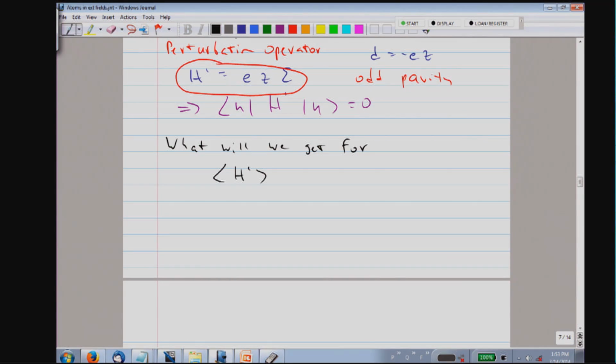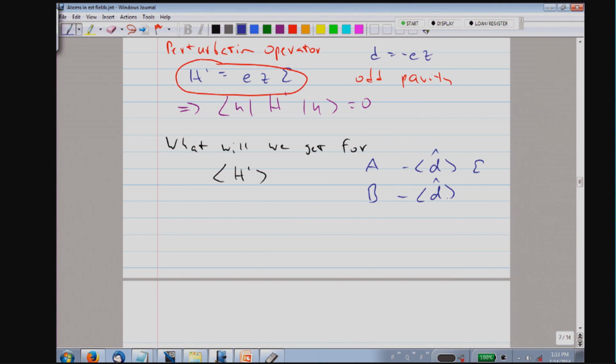Will we get the expectation value of the dipole operator times the electric field? Or will we get the expectation value of the dipole operator times the electric field over 2? And the next question would be the same, but what do we get for the total Hamiltonian?